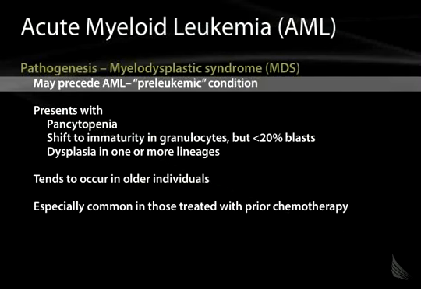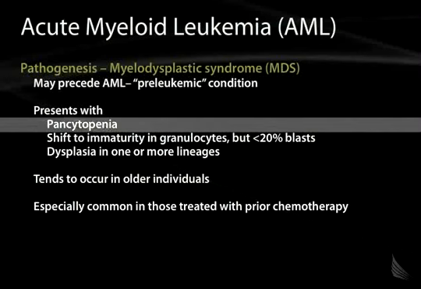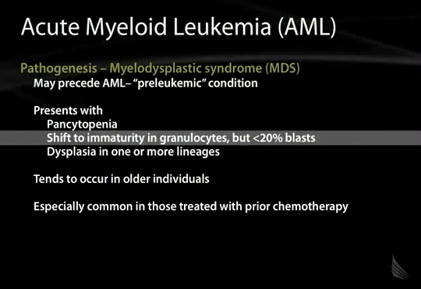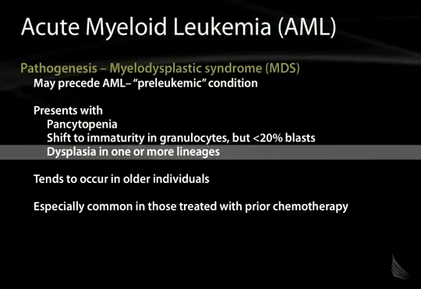Oftentimes, acute myeloid leukemia begins as a myelodysplastic syndrome, and MDS is often thought of as a pre-leukemic condition. It can present with pancytopenia, with a shift to immaturity in the myeloid lineage. However, it doesn't meet the diagnostic criteria of greater than 20% blasts in the bone marrow. The dysplasia can be trilineage.